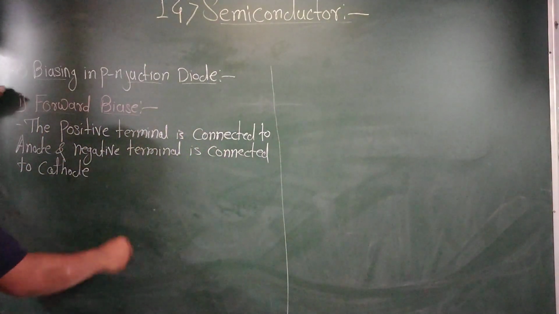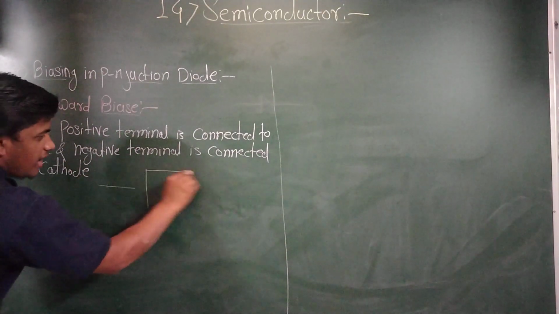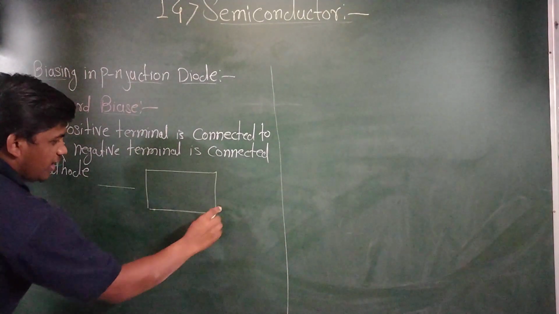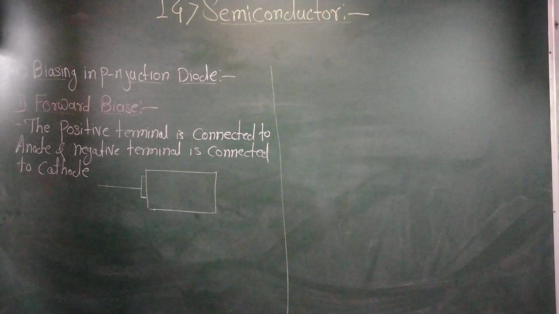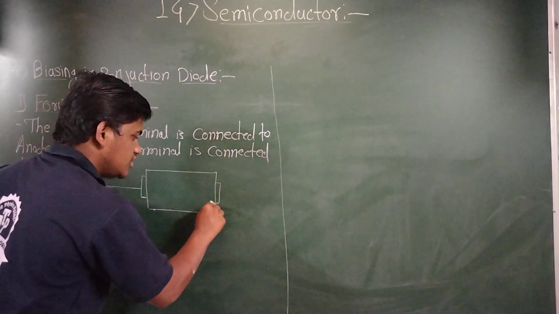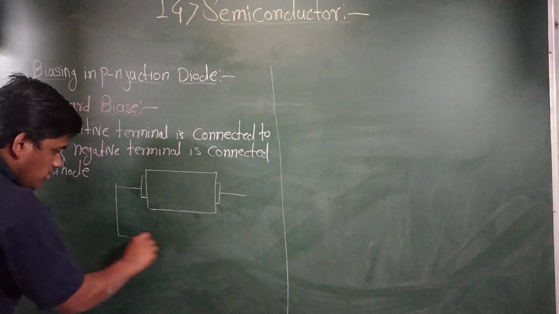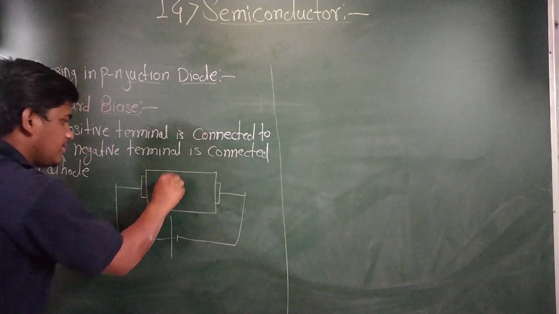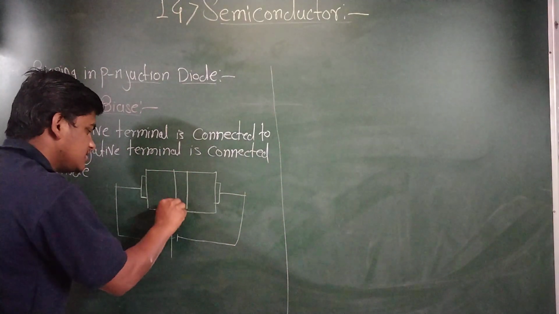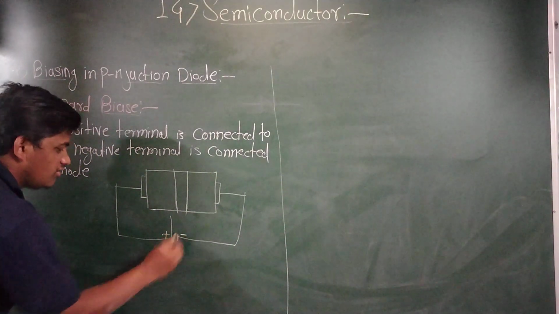Consider this is the PN junction, that is P type and N type semiconductor. If we apply metallic connectors, this makes a PN junction diode. Then this is the depletion layer or depletion region. This will be positive and this will be negative.